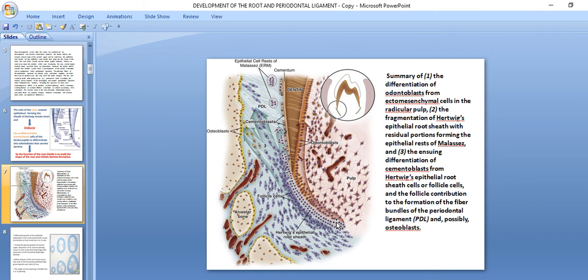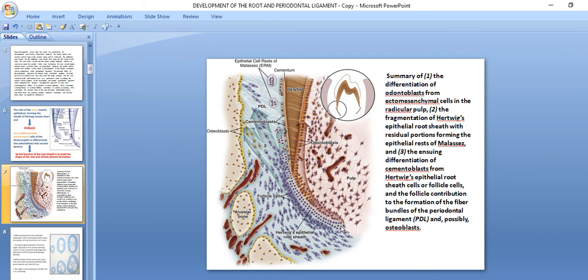Between these two layers of the root sheath, as the cervical loop region is the site of the stem cell niche. Its replacement by the epithelial root sheath may be related to the disappearance of notch protein in the epithelium and growth factors, fibroblast growth factor and bone morphogenetic factor in the adjacent mesenchyme.